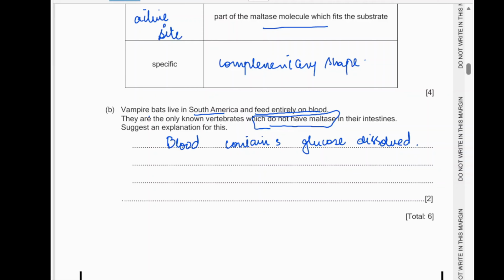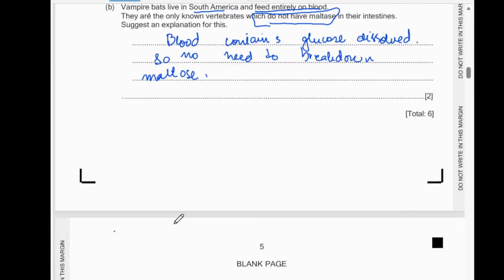So blood contains dissolved glucose, so no need to break down maltose. So this enzyme is absent, or moreover, maltase would require another energy. All processes require energy, so it would waste energy if it's present.